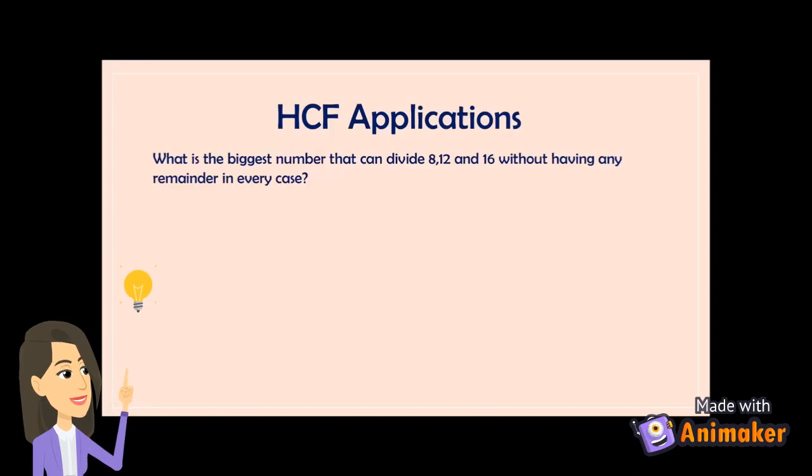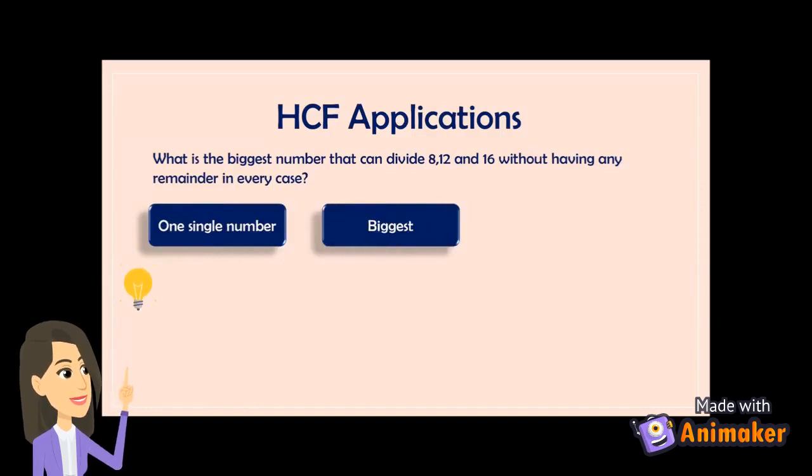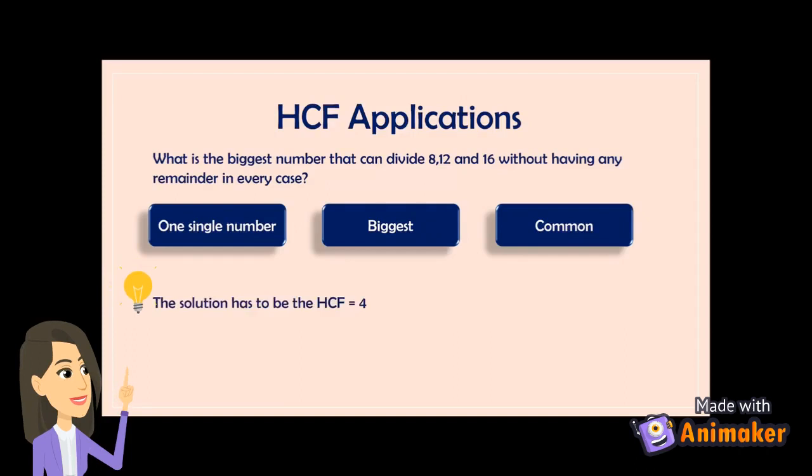So highest and common, and then when you are dividing 3 numbers with a number and it is leaving no remainder, it has to be a factor, remember? So one single number, it has to be the biggest one and it has to be common. And the solution has to be 4 in this case. You can work it out.